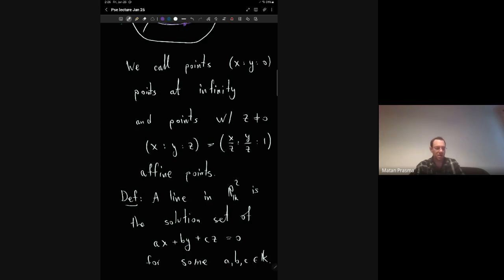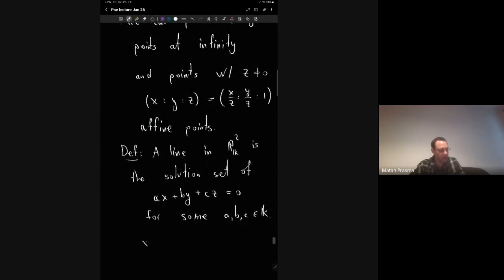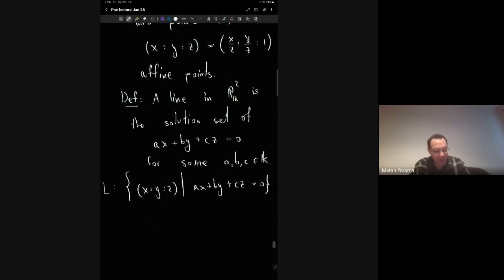Okay? So it's going to be all the x colon y colon z, this is L, satisfying ax plus by plus cz equals 0. And then there is a fascinating example.